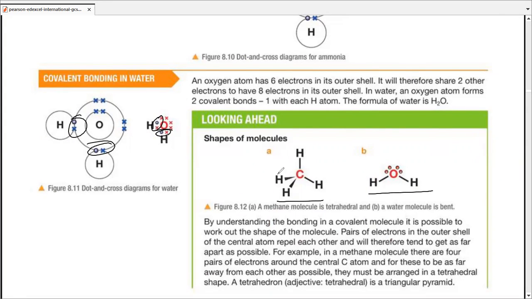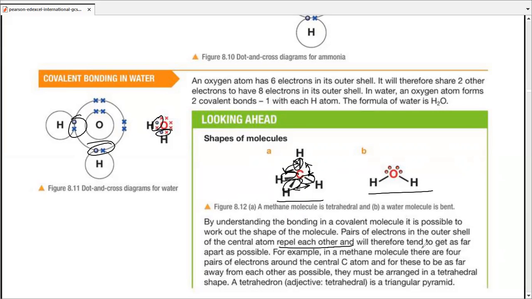Instead of drawing all 4 hydrogens at 4 sides, we draw them a little differently so that they can be distant enough from each other, to keep the repulsion of one bond with another low, because this is also a pair of electrons repelling this pair of electrons, which is repelling this pair of electrons.